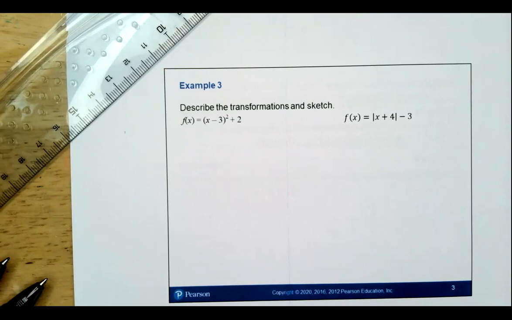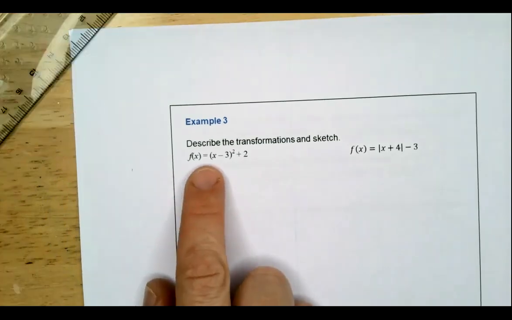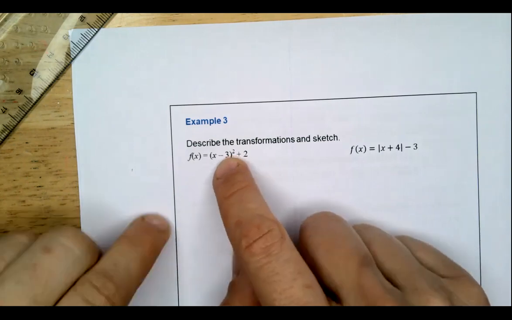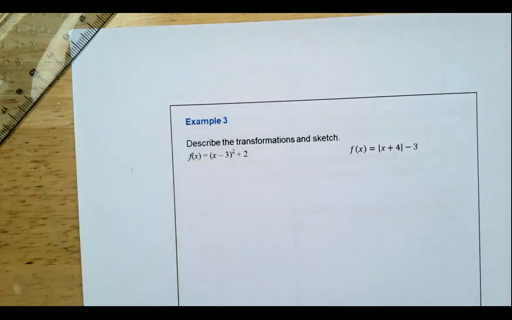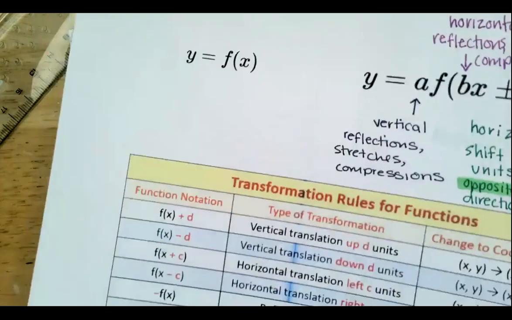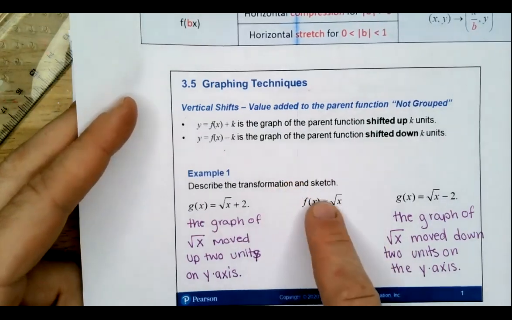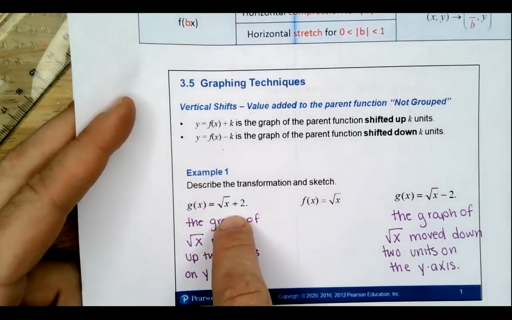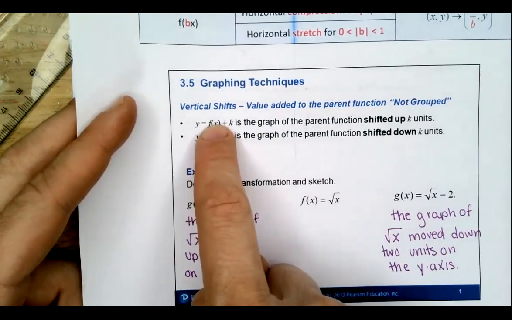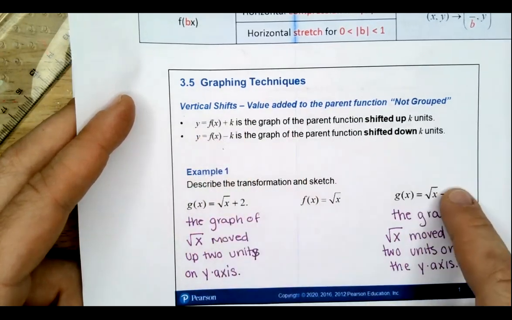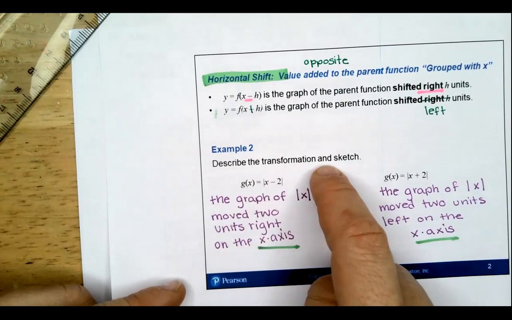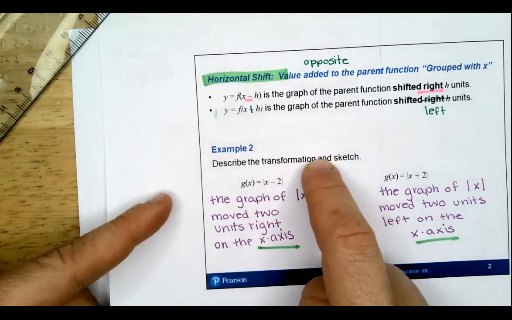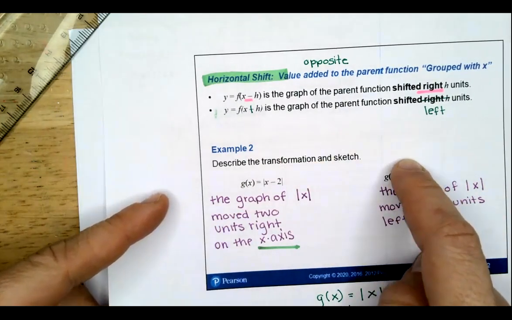Dang, we're jumping right to f of x equals quantity x minus 3 squared plus 2. Okay, so what you want to start with is just like we started with example 1 and example 2, identify the parent function, identify how you changed it, right? We moved it 2 up on the y-axis, we moved it 2 down on the y-axis, we moved it 2 to the right on the x-axis, we moved it 2 to the left on the x-axis.